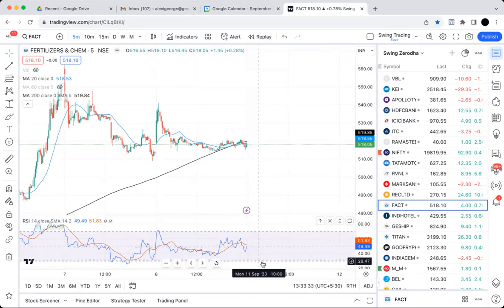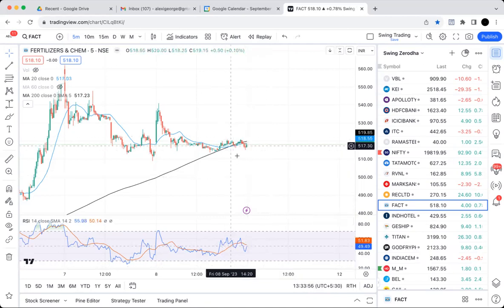When it goes down to this level and within the shaded area or below, that means it's oversold, and so there is still range to go up. So I'm looking for the RSI to be somewhere in the halfway mark or on the lower side, and I'm using it in conjunction with the moving averages as well.